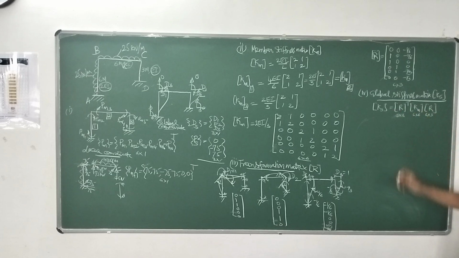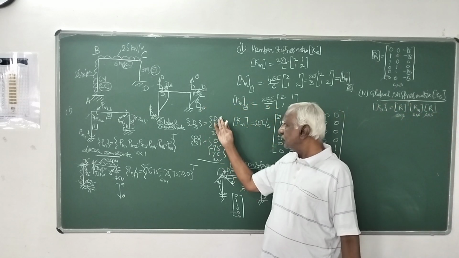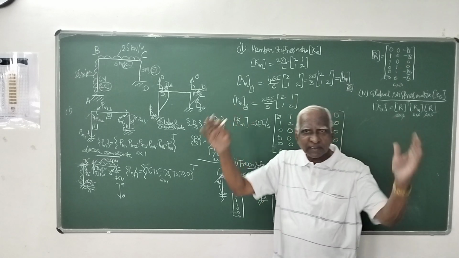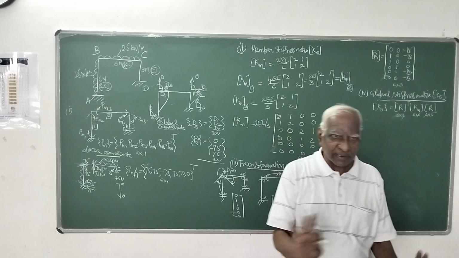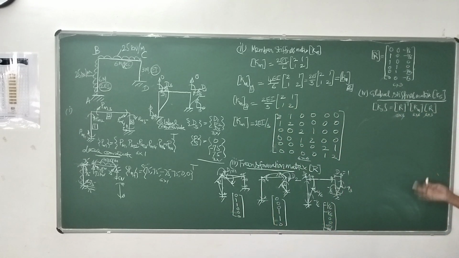So the multiplication is possible because the column here equals the row. Ultimately, this KS will be 3 by 3, naturally, because the global coordinate is 3 by 1. Here you have to get a 3 by 3 global matrix. So whatever you are doing is perfect, that you can check.